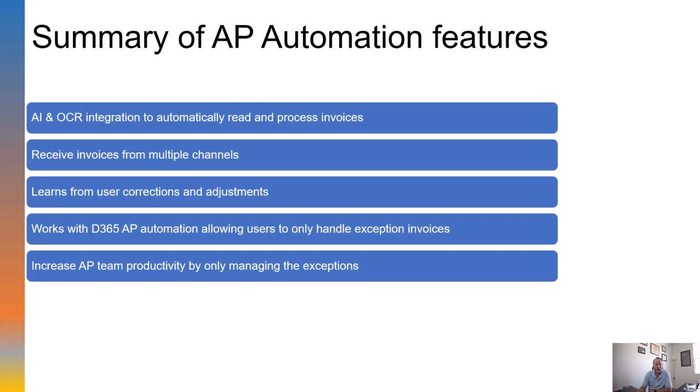As we saw, one of our invoices came in with a duplicate invoice number. We knew we wanted to accept that, so I was able to make the adjustment to the invoice number and push that through. But my other invoices went straight to approval. Once they were approved, they went straight to posting.